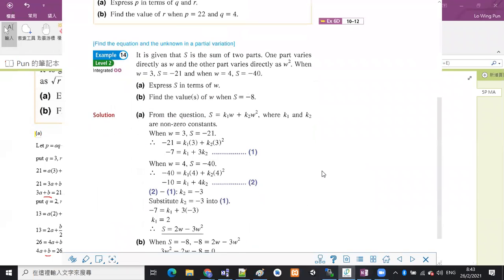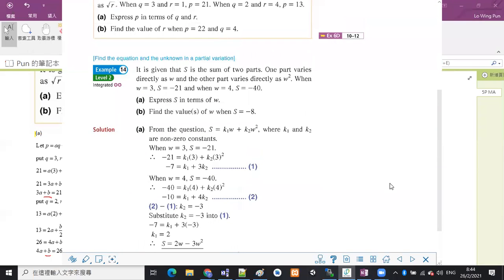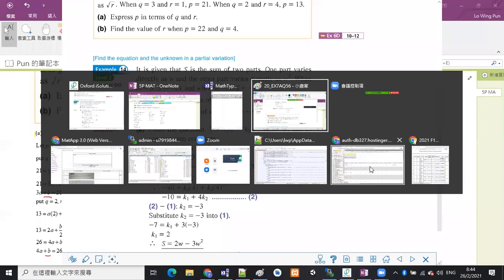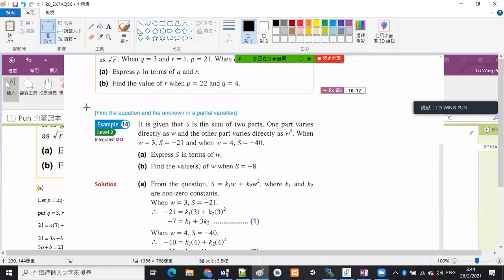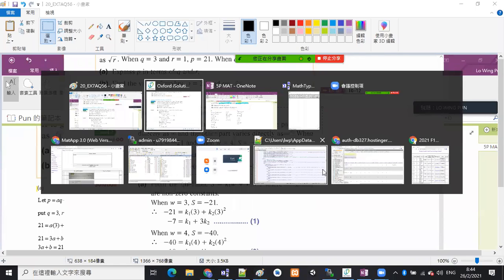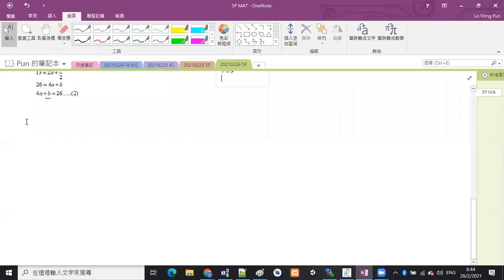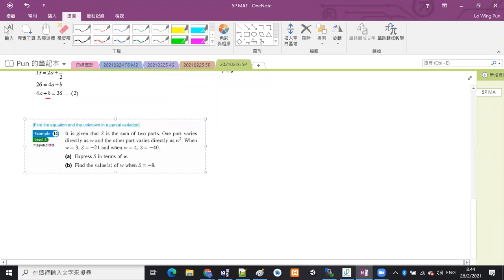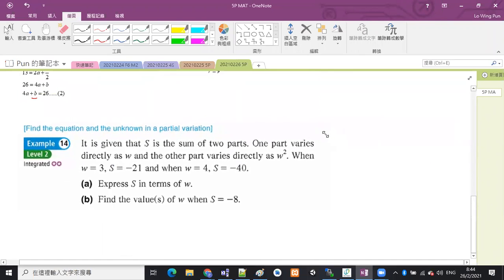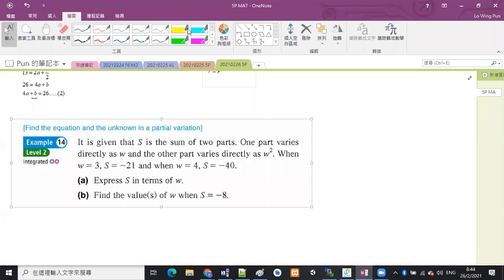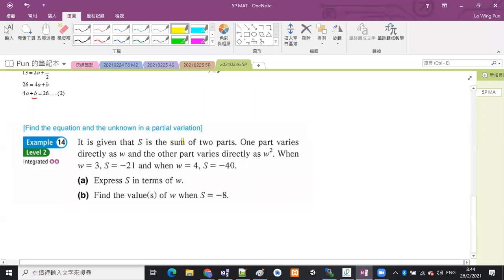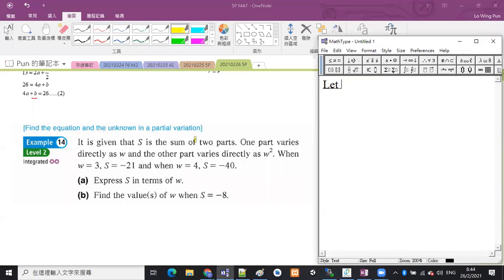OK, let's continue. Example 14. Let's look at a few more questions, and I hope everyone can master them completely. Example number 14. It is given that S is the sum of 2 parts. Okay, so which means that S will be the subject, and it is equal to the sum of 2 parts.